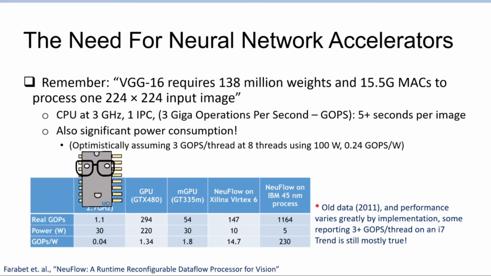The Core 2 Duo, a very old processor, gets 1 gigaops. We know we can do much better on our modern processors now.